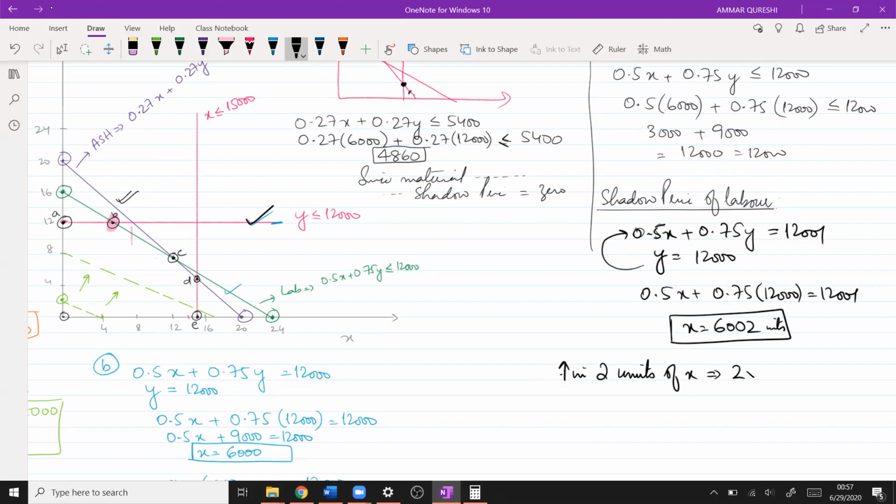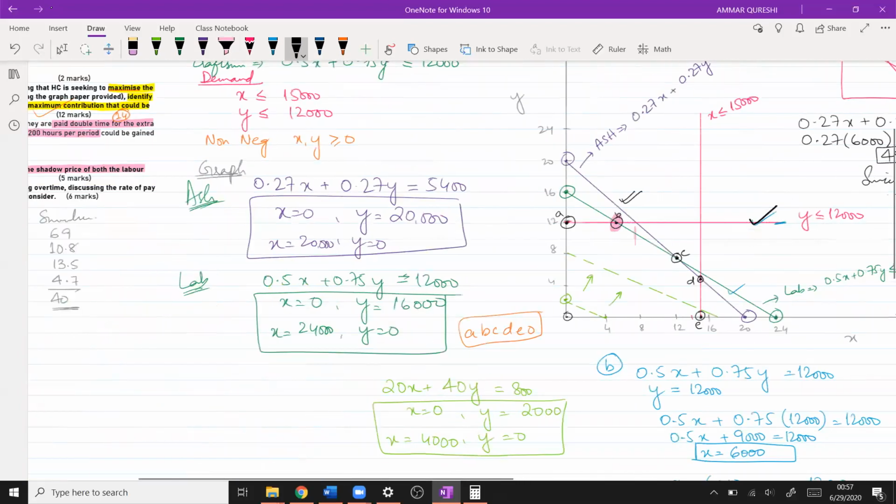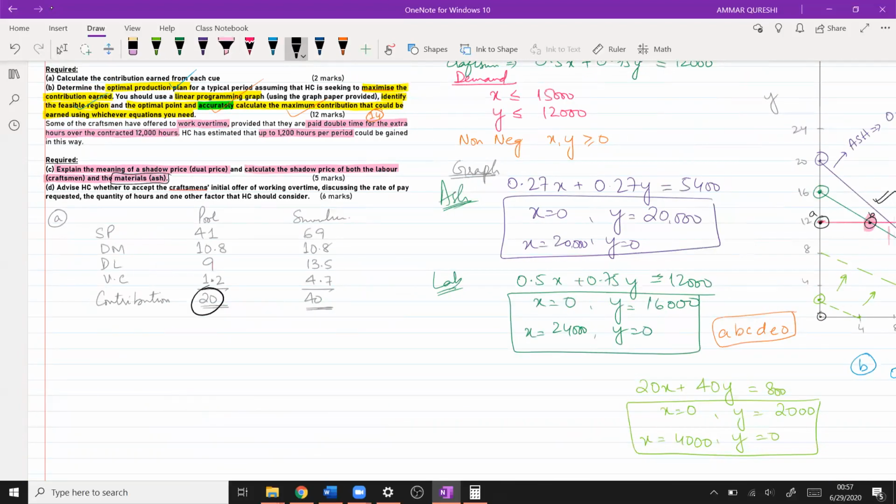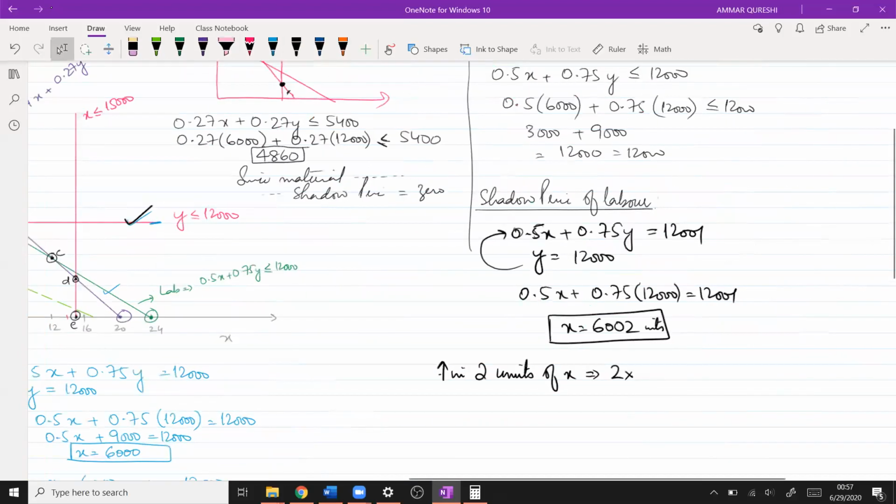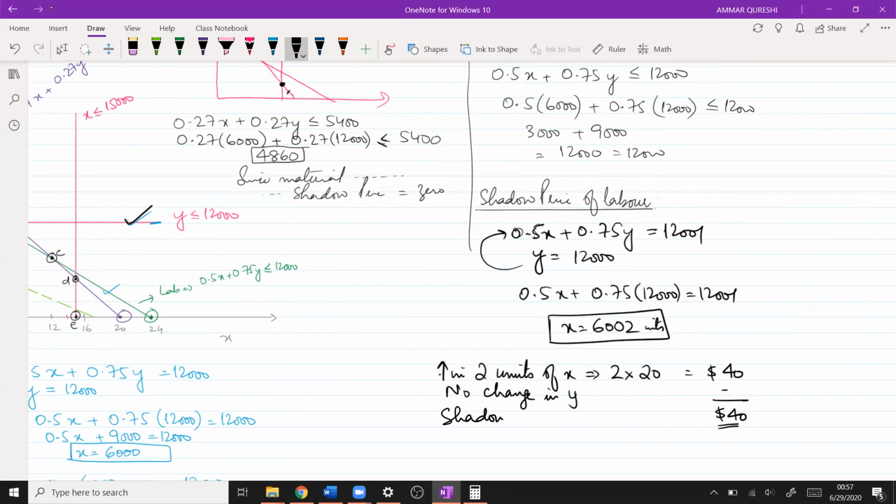What is the contribution of x? X contribution is 20, right? So multiply 2 with 20. And there is no change in y. So the shadow price of labor is 40 per hour.